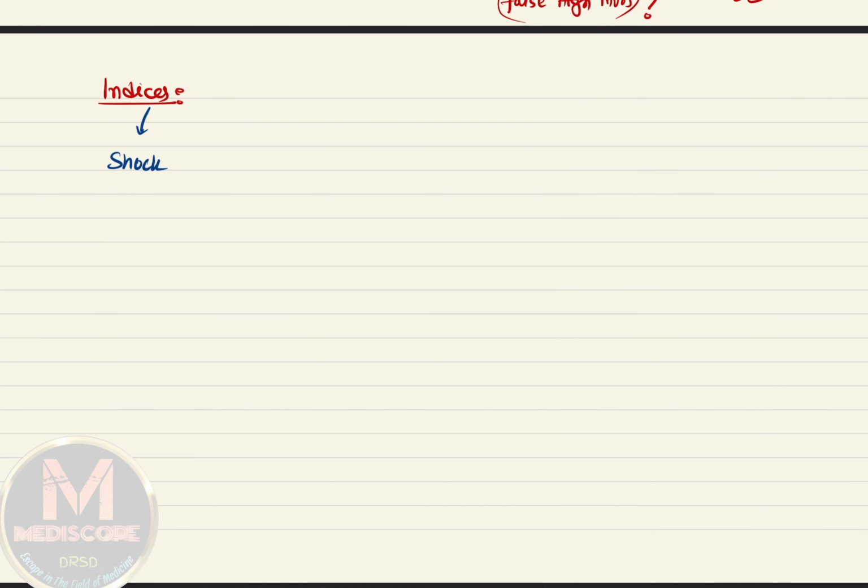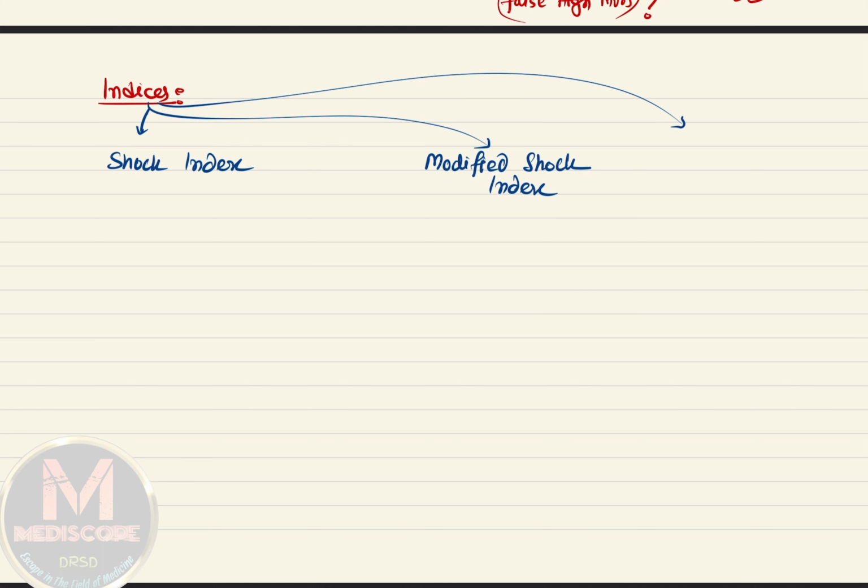Let us discuss the indices now. We have the shock index, then the modified shock index, and then something known as ROPE, rate over pressure difference. The shock index is the heart rate divided by systolic blood pressure.